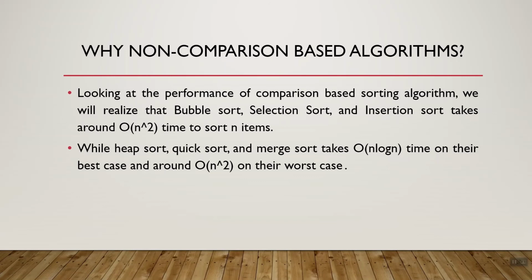Similarly, heap sort, quick sort, and merge sort take around O(n log n) time in their best case and around O(n^2) in their worst case. It can be proven that comparison-based sorting algorithms will take at least O(n log n) operations to sort n elements. Hence, you need a non-comparison-based sorting algorithm which allows you to sort elements in linear time.